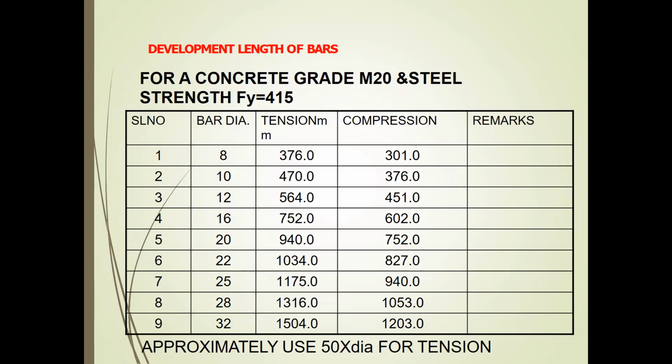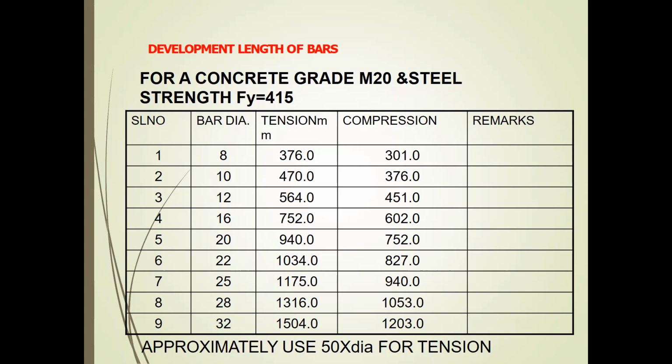For a 16 mm dia bar, in tension it will be 752 mm and in compression 602 mm. For a 25 mm bar, in tension it will be 1175 mm, whereas in compression it is 940 mm. For a 32 mm dia bar, in tension it will be 1504 mm, whereas in compression 1203 mm.